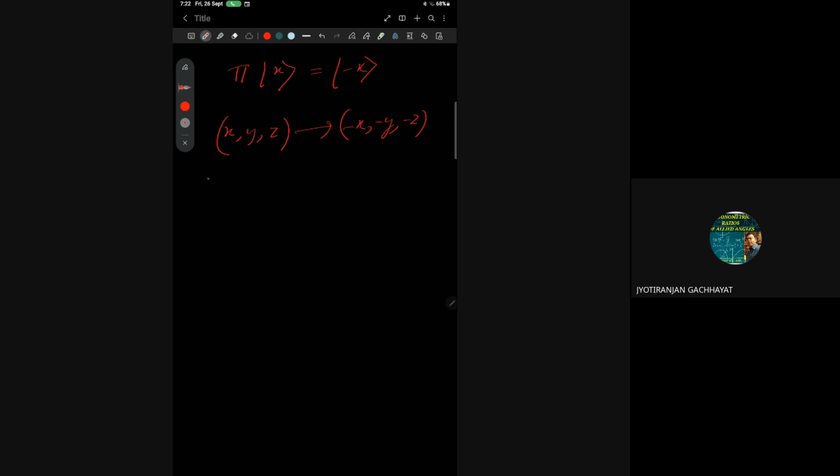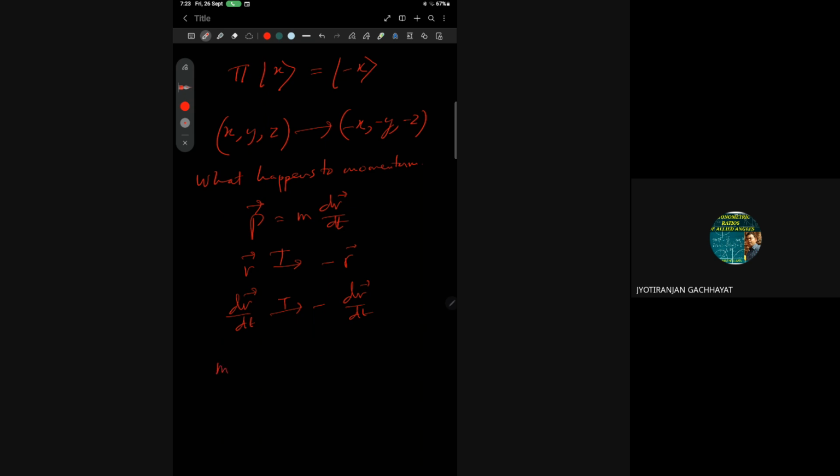So what happens to momentum? In the classical picture, P is equal to M dr by dt, right? Since your R is basically going to minus R, if you take dr by dt, it will go to minus dr by dt, right?